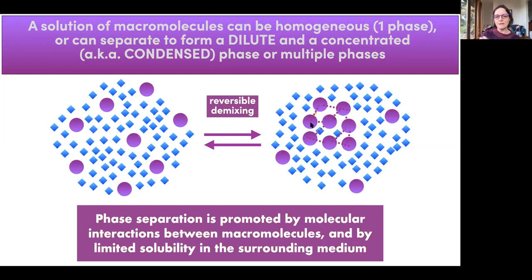Typically, a lot of these phases within cells are very dynamic. So a little change in how much these purple molecules like each other or how much they like the solvent can switch the system from being fully solvated, just a single phase, to a two-phase system where you have a dilute and a condensed phase.